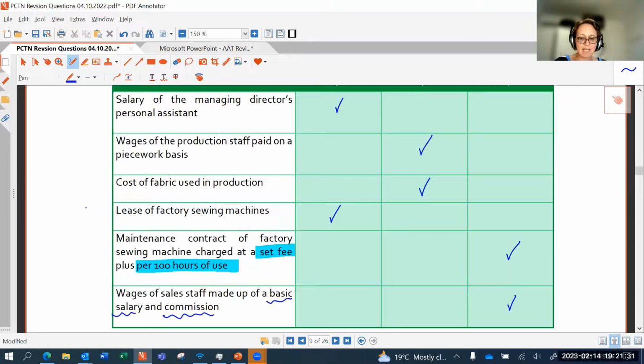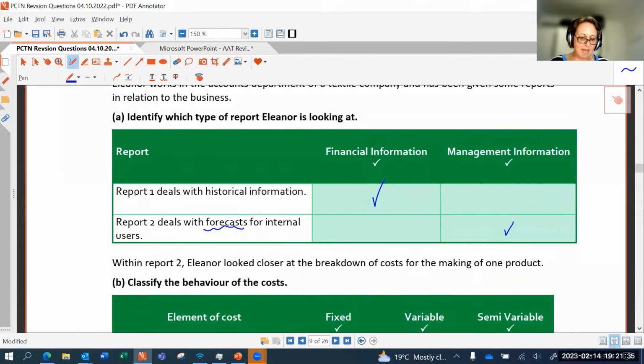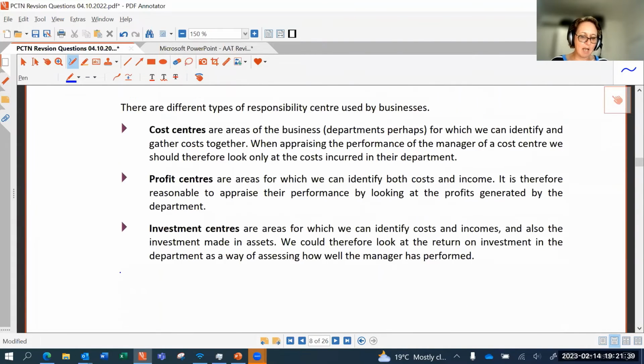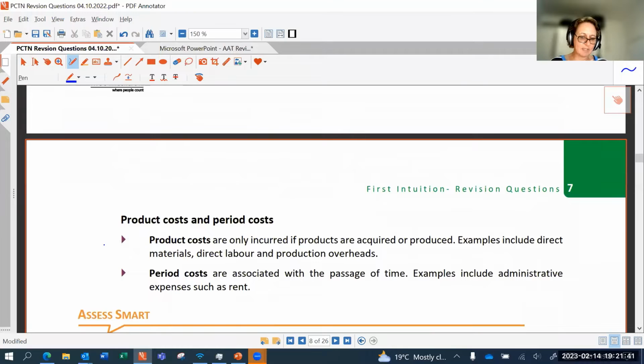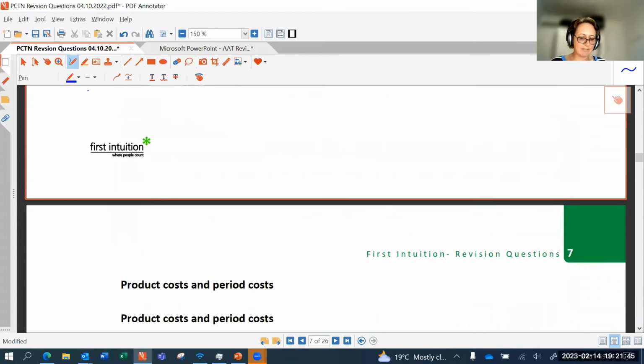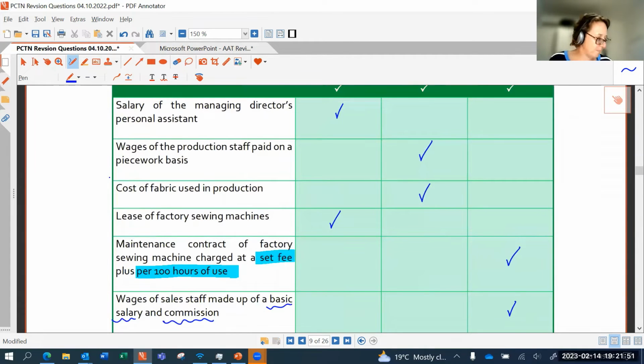So if you found any of that difficult, maybe start by going through the task briefing. Just remind yourself what all the different subject areas are and how we do categorize all these costs in all these different ways. That would be useful to do. Revise all of that and then just keep practicing tasks of this nature till you start to feel a little bit more confident with them.